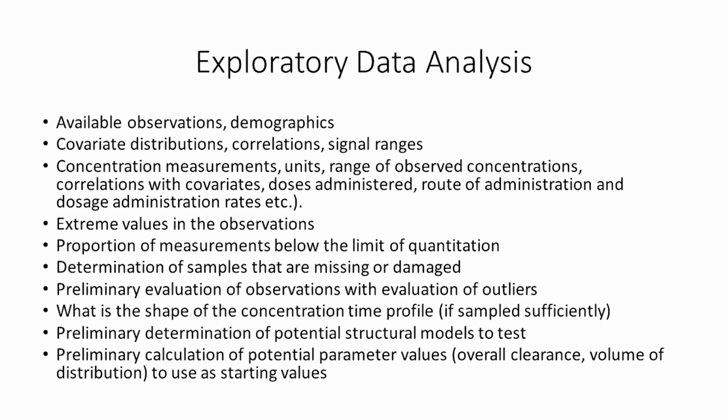Again, a preliminary evaluation of observations with an evaluation of outliers. Potentially evaluating the concentration time profile if we have sufficient sampling. A preliminary determination of the potential of the structural models to test. And the preliminary calculation of potential parameter values, overall clearance, for example, the volume of distribution, to use as starting values. All population PK analyses are nonlinear regression problems, and you have to start with initial values, initial estimates.